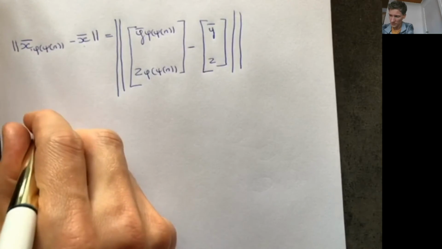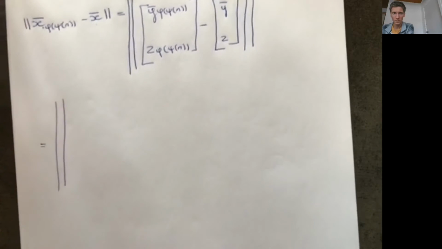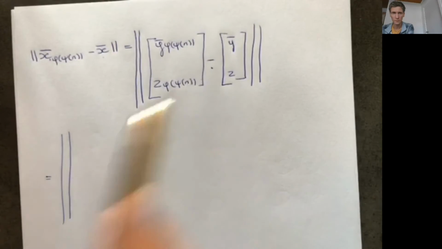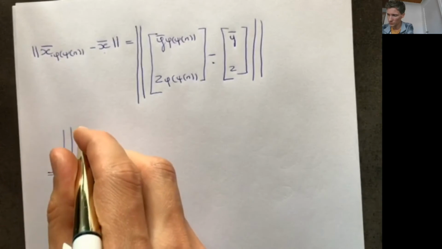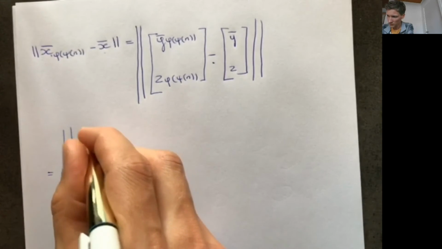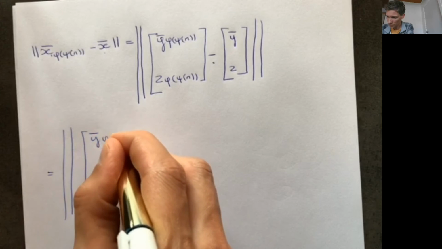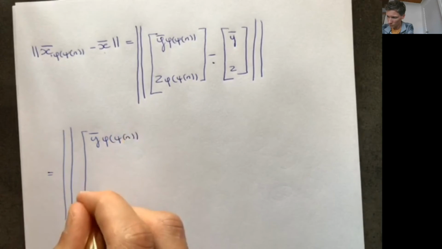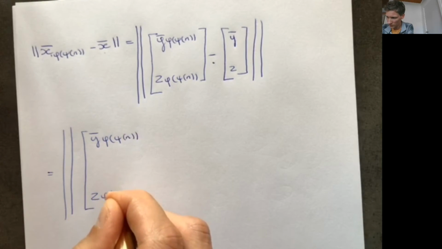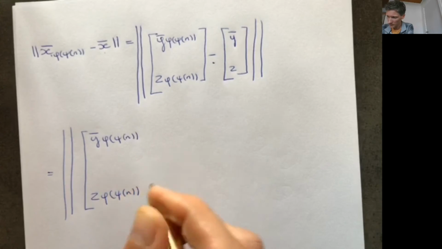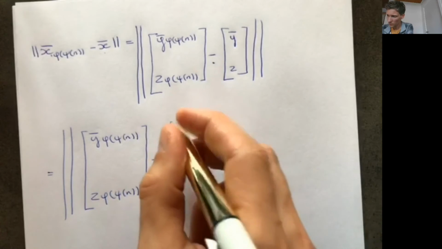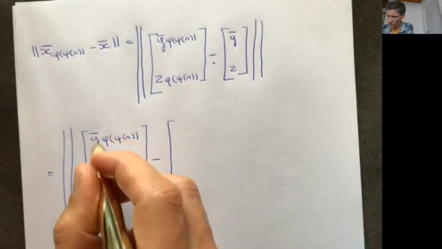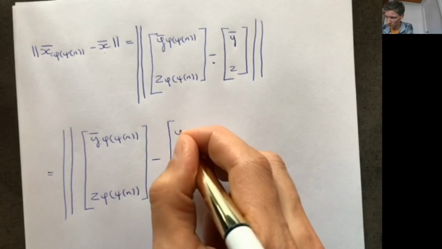So we're going to add 0 to this, a 0 vector, and it's going to be a special 0 vector, as you will see. So we'll copy the first one, y of phi of psi of n. Make sure that I have enough brackets. And we're going to do minus, so we're going to copy this one.